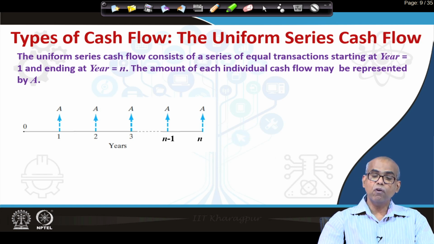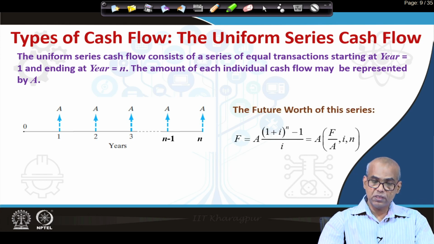Next, uniform series cash flow. The uniform series cash flow consists of a series of equal transactions starting at year equal to 1 and ending at year equal to n. The amount of each individual cash flow is generally represented by A, and the cash flow looks like as shown.